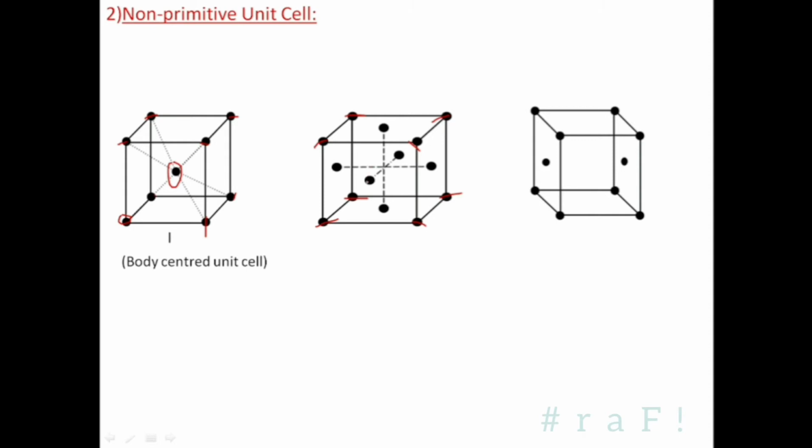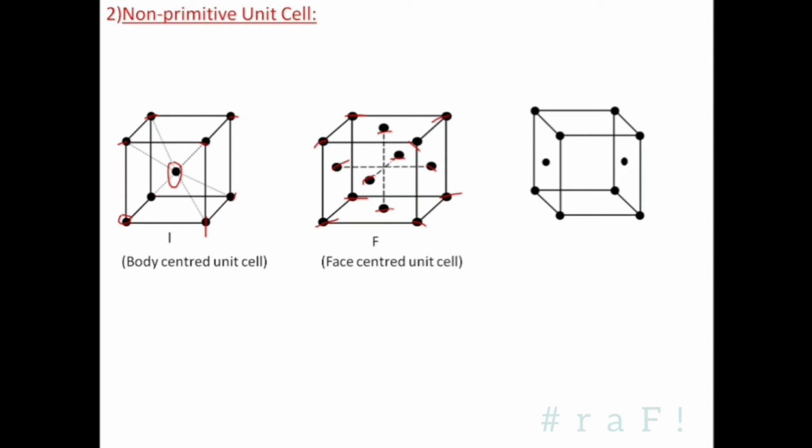See here how many lattice points are there. At the center of the first face, one lattice point, 1, 2, 3, 4, 5 and 6. Each face contains a lattice point at the center of the face. Such a type of cubic unit cell is called a face centered unit cell and is represented with the letter F.